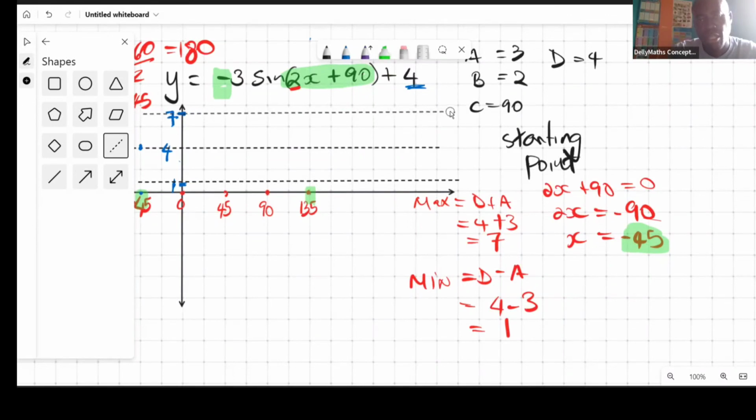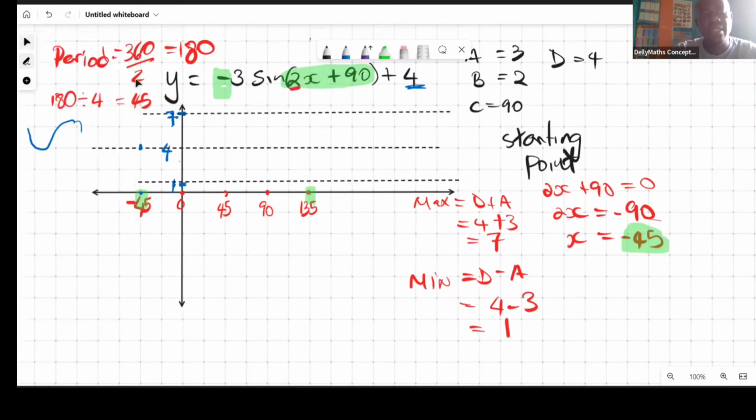So the graph is going to complete its cycle between this right now. So we're talking about coming down to 1. Going up at 45 degrees, it's going to cross the axis again. And then by the time it reaches 90, it's at its max. And then by 135, it's back at 0.